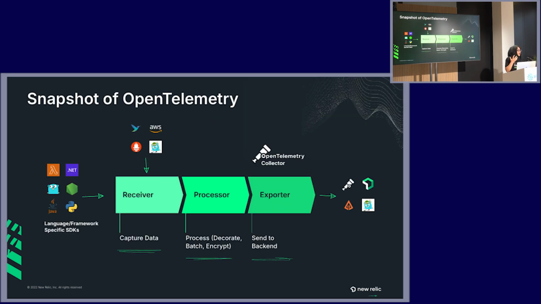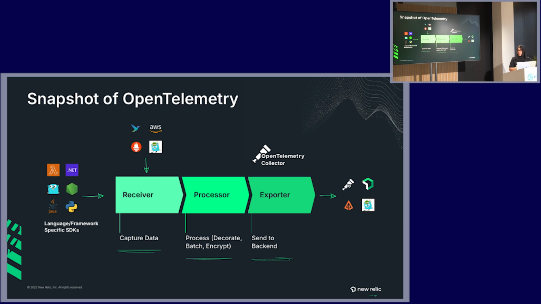So let's take a look at how OpenTelemetry does all of this. Like we mentioned, it receives the data, it collects the data, and then sends it to some vendor, some platform of your choice, right? In between that, there is a processor which decorates that data in a way that you want. First step, we have language and framework specific SDKs, which are responsible for collecting data. They are like the translator.